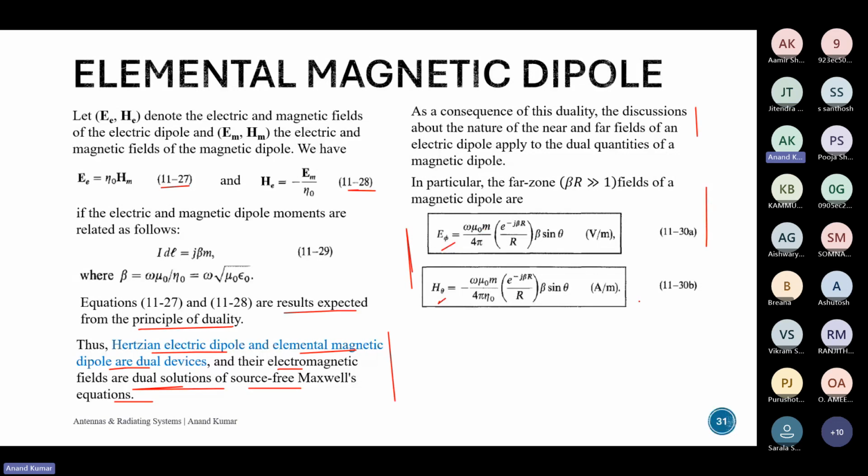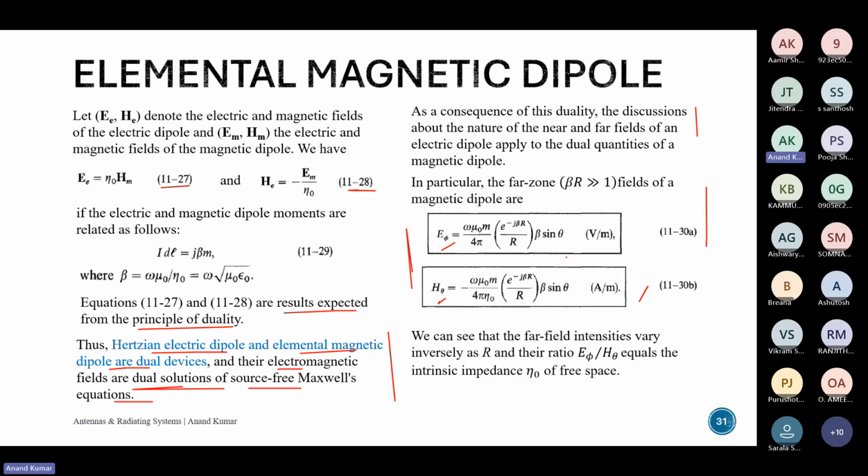By replacing, we got the expression for the far zone for the magnetic dipole. Again, we can see that in the far field, these intensities vary inversely, and their ratio is again equal to eta naught. Next, we'll discuss antenna patterns and antenna parameters.